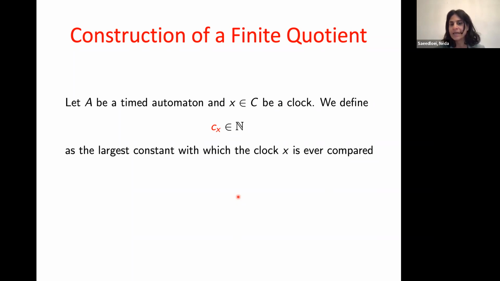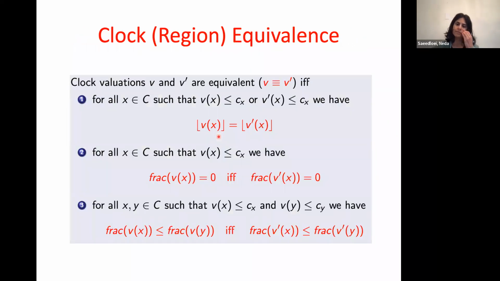It could be in the constraints of the guards, or it could be an invariant. So C sub x is the largest constant with which clock x is compared. Why is it important? Because when we want to create all those equivalence classes, this becomes important.